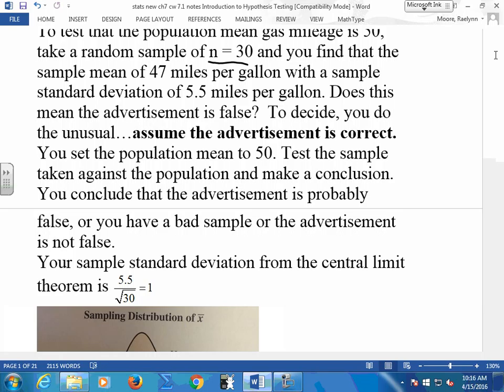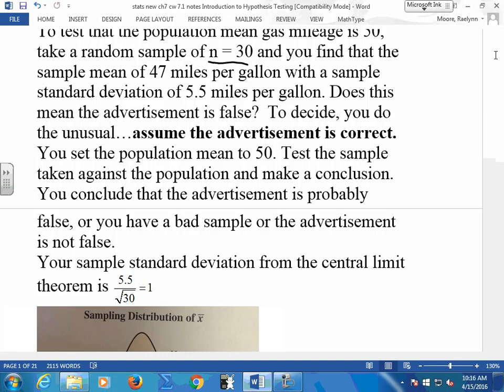You set the population mean to 50, you test the sample against the population values, and you make a conclusion. You conclude that the advertisement is probably false, or maybe your sample wasn't so good. You sampled 30, even though you did them randomly. Remember, there's always a possibility of a sampling error. So maybe you want to run this again before you make any statements.